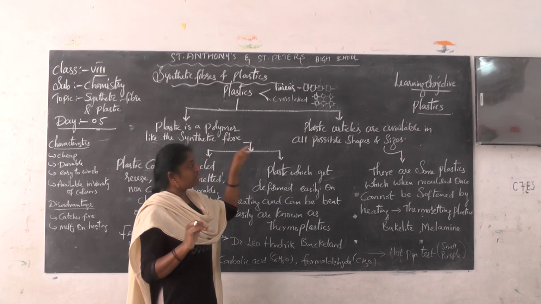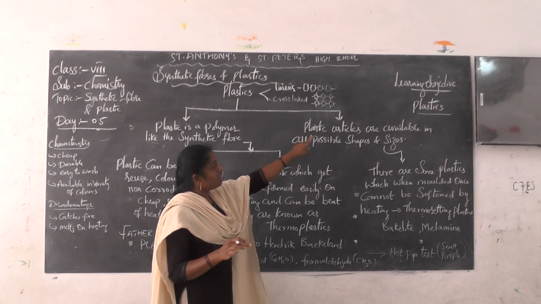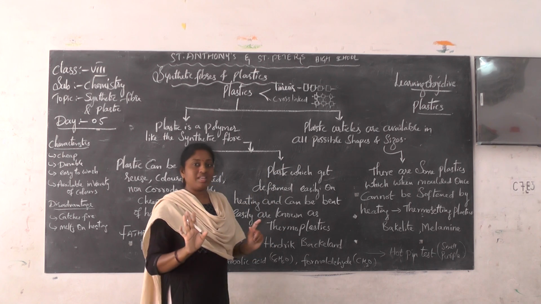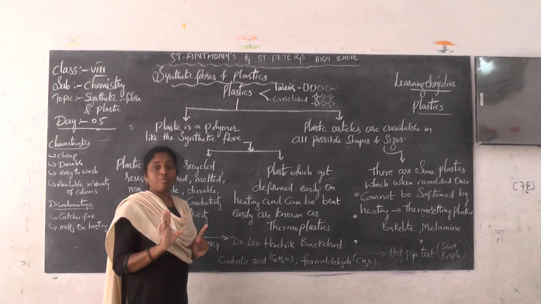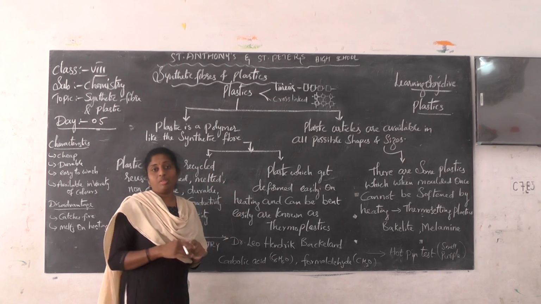So you can understand by this example that plastic articles are available in all possible shapes and all possible sizes. Whatever size you want, it will be available. Whatever shape you want, it will be available. So this is the general information about plastic.